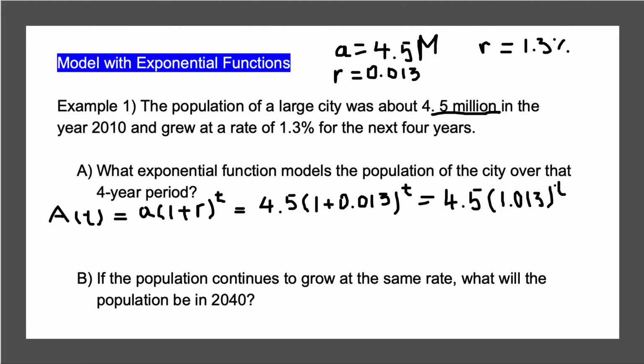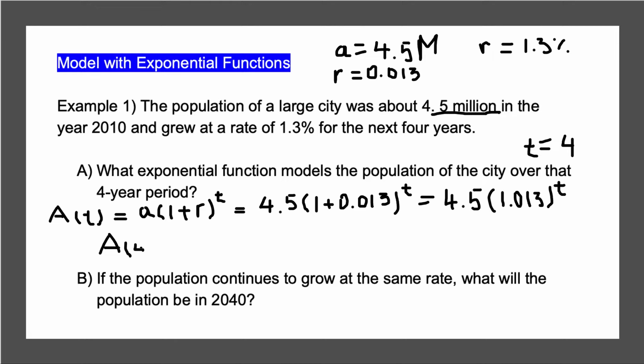But because we are looking at 4 years, t is equal to 4. Over 4 years, how much is this population going to grow if it starts at 4.5?